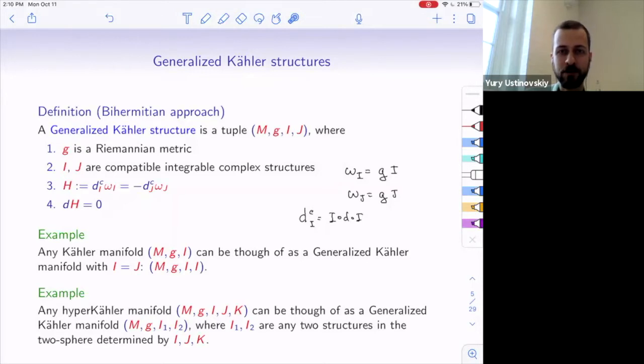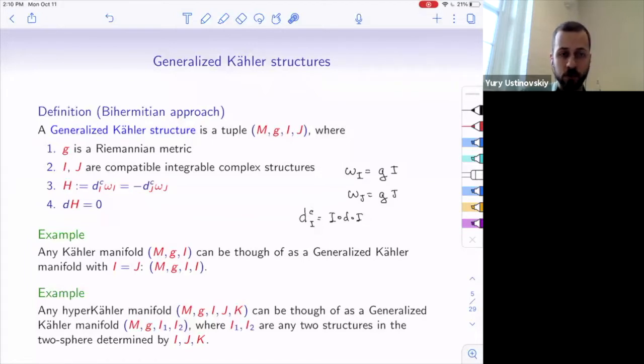But there it was important and interesting to have non-trivial flux and H not being closed, while for us, we will consider only closed H. And in terms of complex geometry, this is equivalent to the condition of the metric G being pluriclosed with respect to I and with respect to J separately.